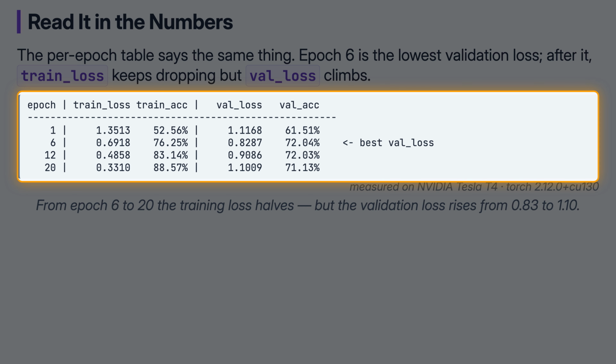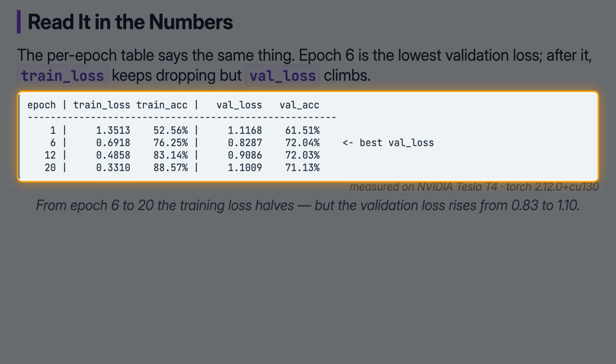The per epoch table says the same thing. At epoch 1, both losses are high. The training loss is about 1.35. The model gets about 53% of the training images right. By epoch 6, the validation loss reaches its lowest point, 0.83. That is the best epoch.